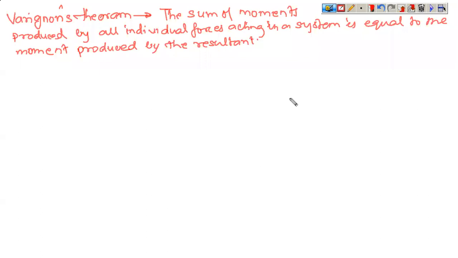So this is the statement of Varignon's theorem. The sum of moments produced by all individual forces acting in a system is equal to the moment produced by the resultant. Now, what is moment?